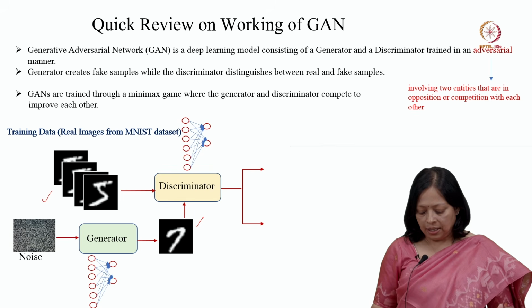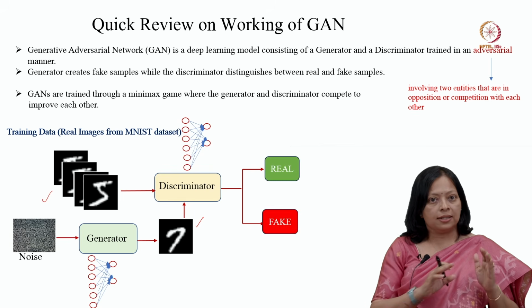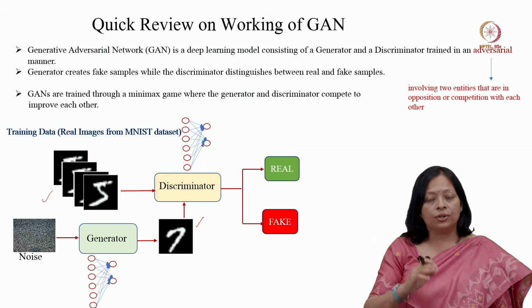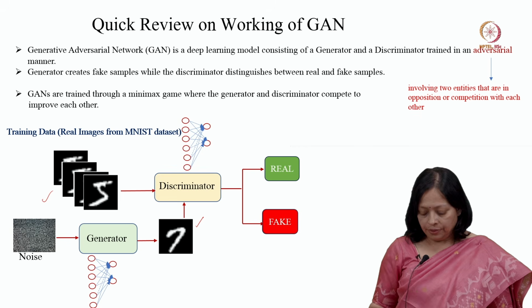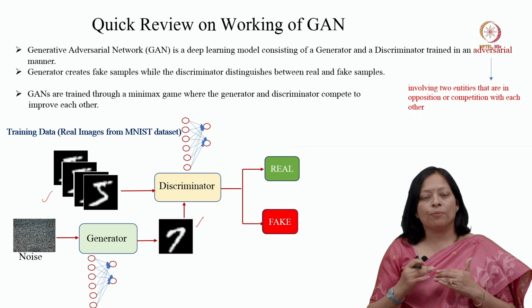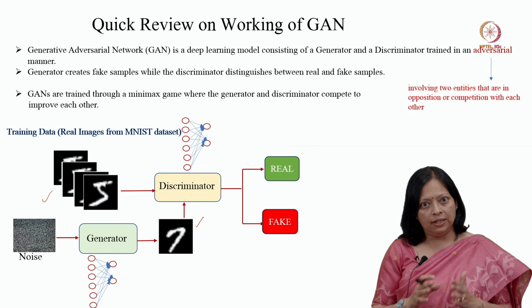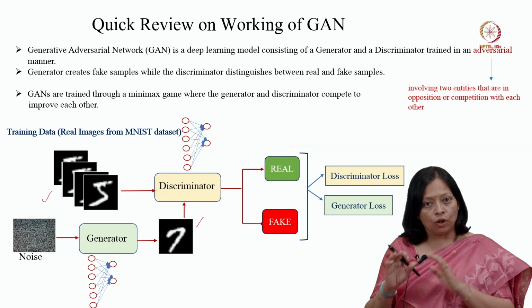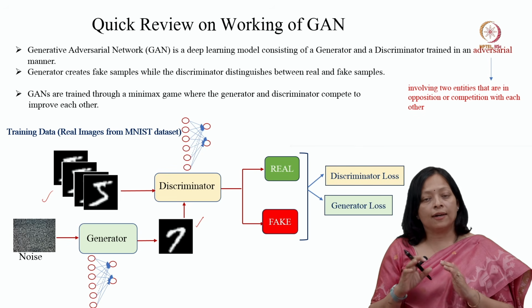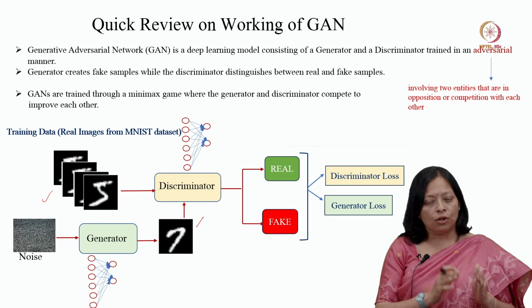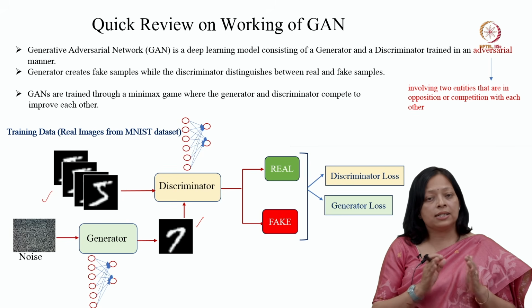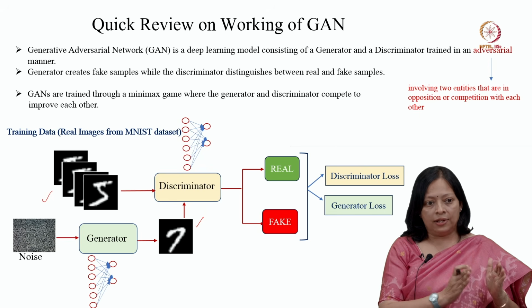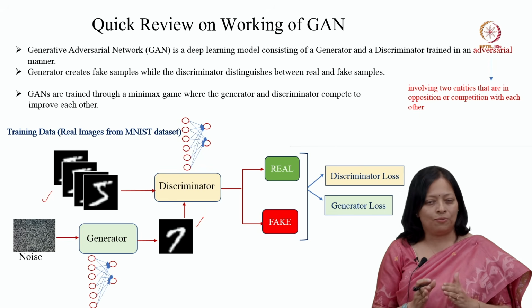So, the discriminator tries to classify these images as real or fake. Now, the discriminator may or may not be able to classify it properly in the first instance. So, we have the losses that are associated. We have the discriminator loss, which is the loss that arises if the discriminator is not able to distinguish the fake image from the real image.